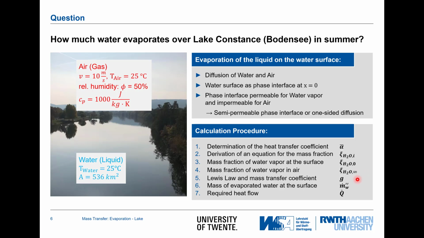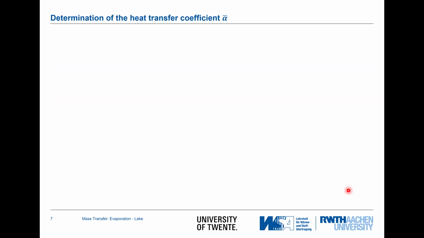We have to take then the Lewis law to determine the mass transfer coefficient, then the area-specific evaporation rate, then the amount of heat required to do the job. And then we can see if there is a limitation, which we did by putting the corresponding boundary condition, actually not into account, but we shall see later.